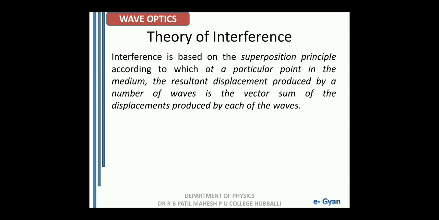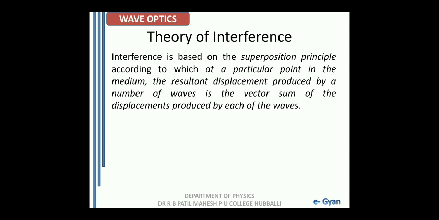Now here, if I consider the displacement of two waves which are in phase, the angle between the two displacements should be equal to 0 because they are together. So if the two vectors are in the same direction with 0 angle between them, then the resultant vector would be maximum.